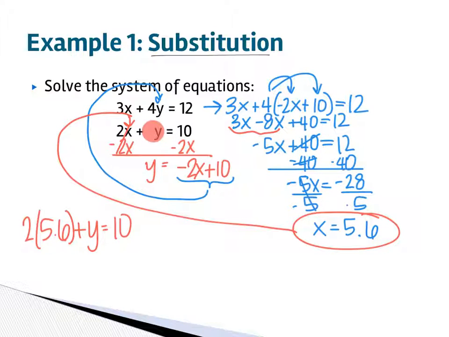And 2 times 5.6 is going to be 11.2 plus y equals 10, and then subtract the 11.2, and that gives you negative 1.2.